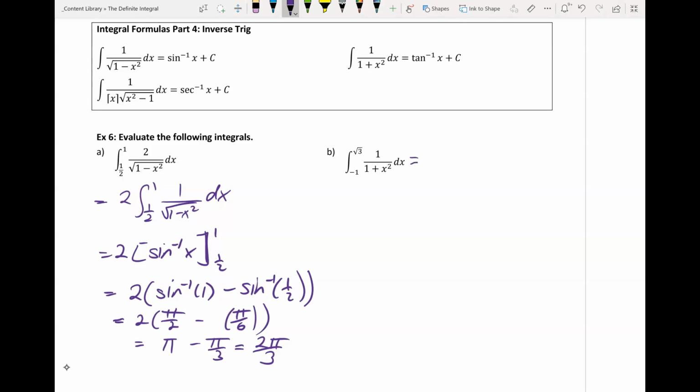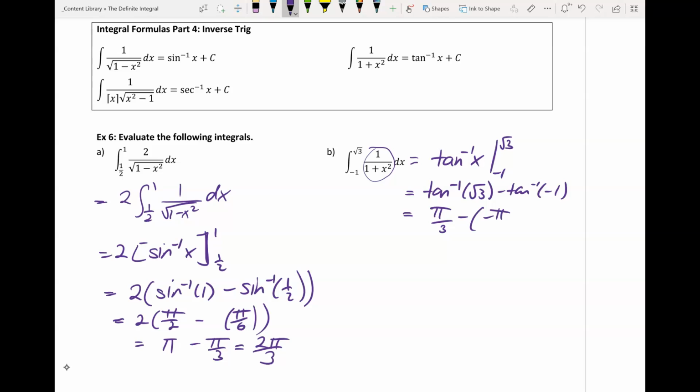The last one here, we can tell that this is tan inverse of x. But we'll evaluate this from -1 to root 3. So that's tan inverse of root 3 minus tan inverse of -1, which is pi over 3 minus negative pi over 4.